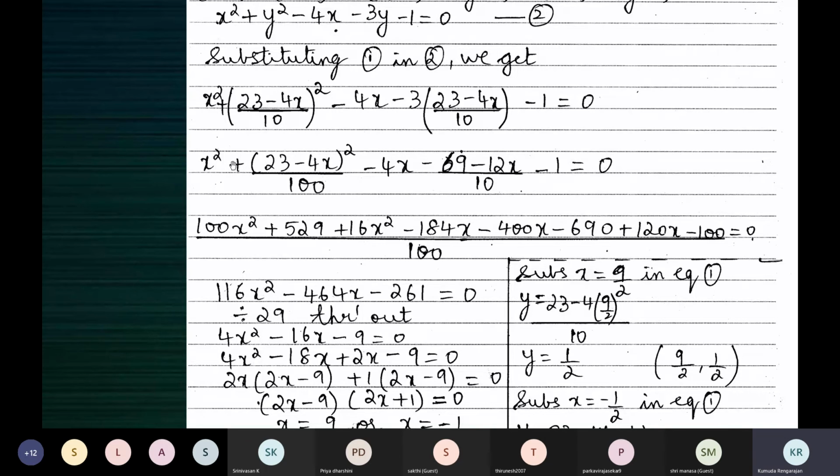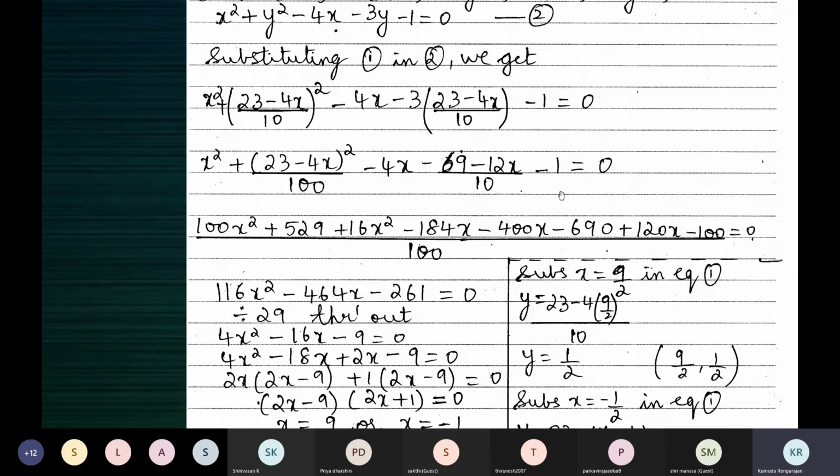So this is 100x square, the first term. Then when you open the bracket, you will get 3 terms. So 1, 2, 3 terms. Then this one is minus 400x. Here you should multiply the numerator by 10, because 10 into 10 is 100. So 69 into 10 is 690. Minus 690.